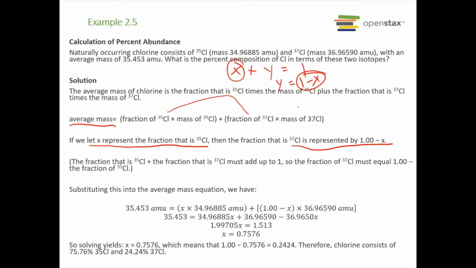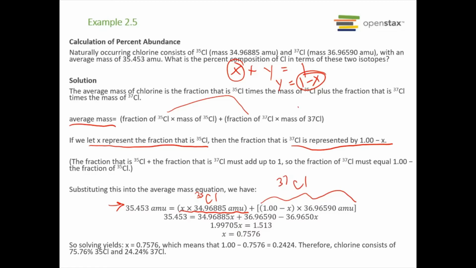Okay. So now I know my average mass, 35.453 AMU, is X times 34.96885 AMU, which is for chlorine 35, plus 1 minus X, representing the fraction of chlorine 37, times its mass.